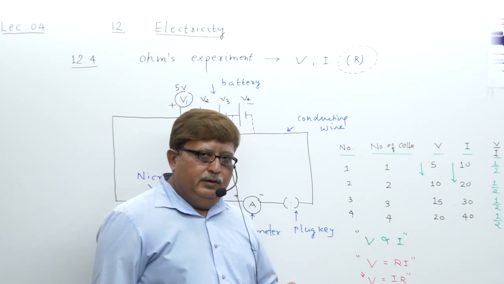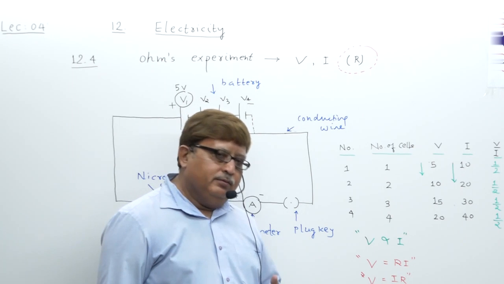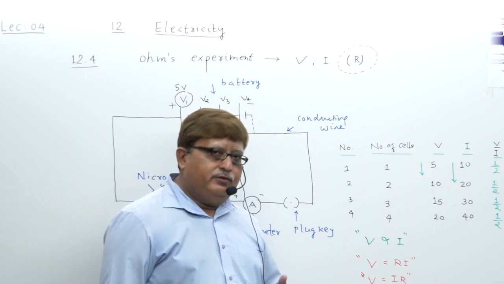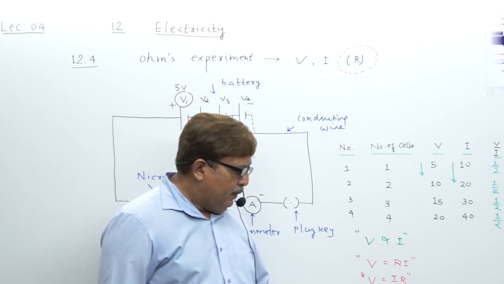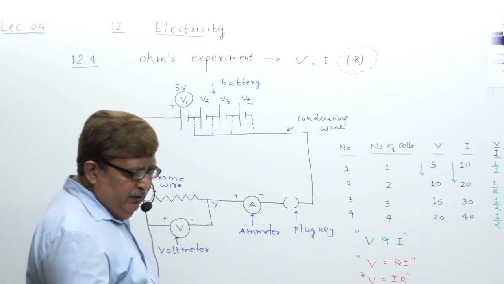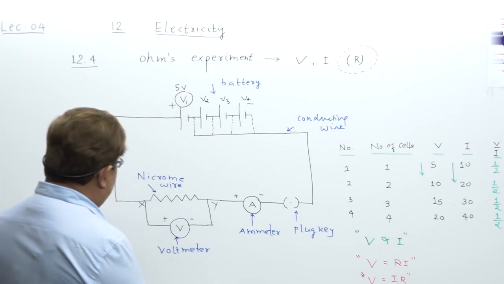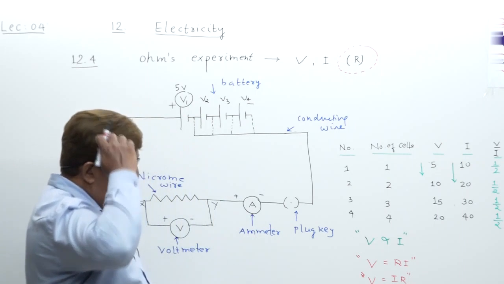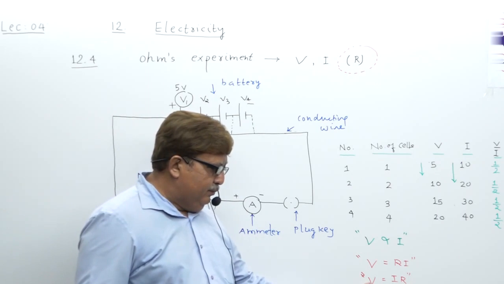Okay? Now one more thing which we need to understand here. Suppose one another MCQ which I can design or maybe ask you. You all know V equal to IR.